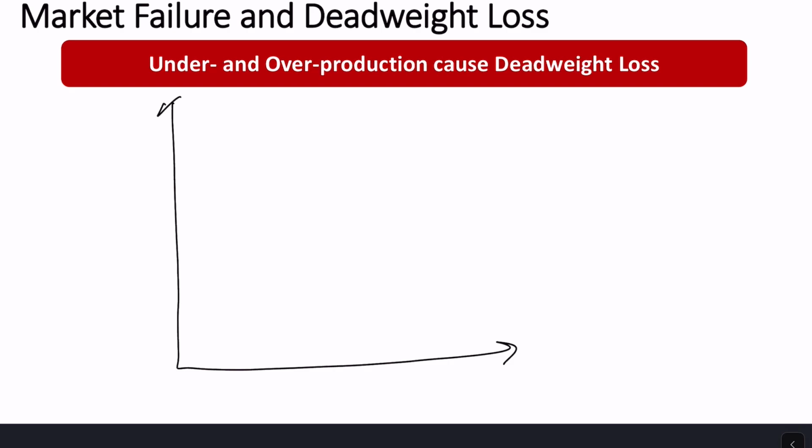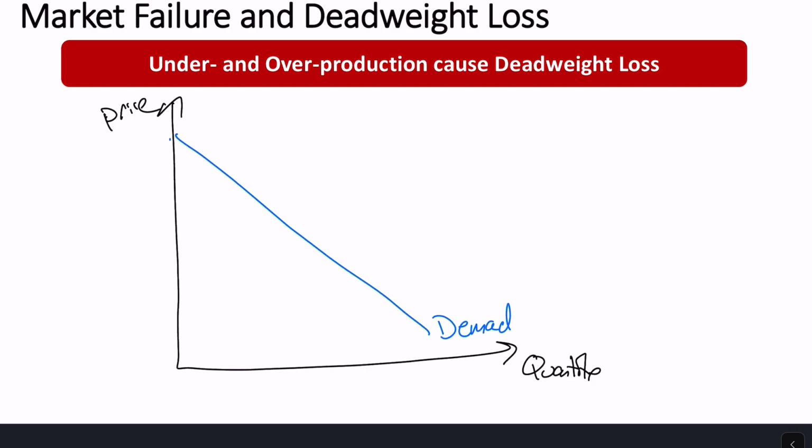So I'm going to show you on a supply and demand graph, like always. We have our price and our quantity, a downward sloping demand curve, and an upward sloping supply curve. We know that the efficient quantity is going to be where supply crosses demand. Whoops.